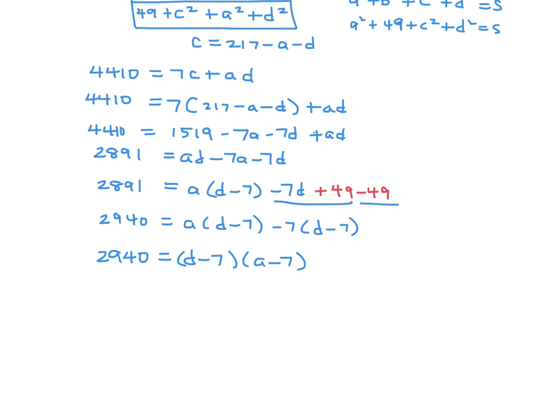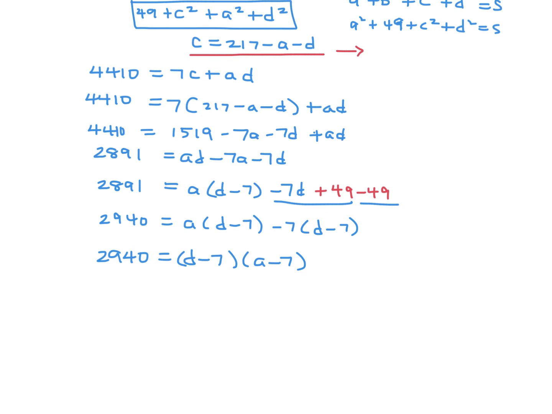All right, so I've got two numbers that multiplied together give 2940. Now, that list is a very long one, so we've got to come up with some sort of way of narrowing that list down. And I think we can narrow it down with this fact right here.